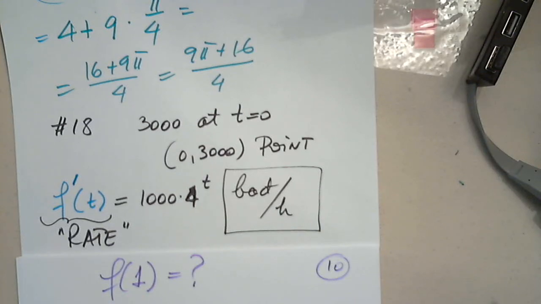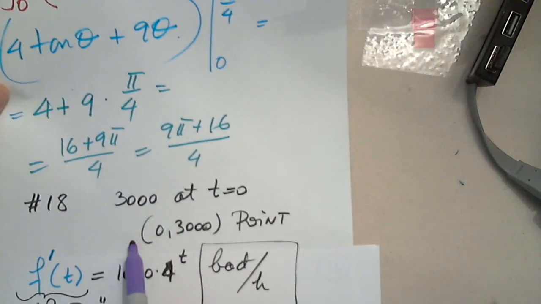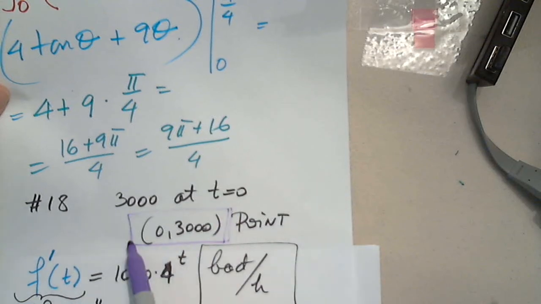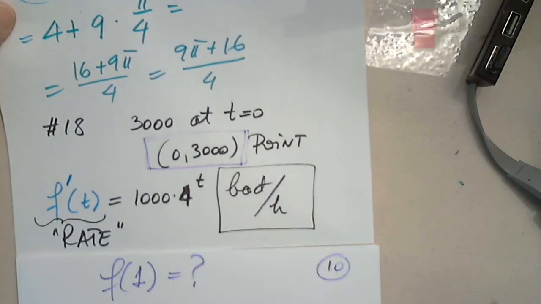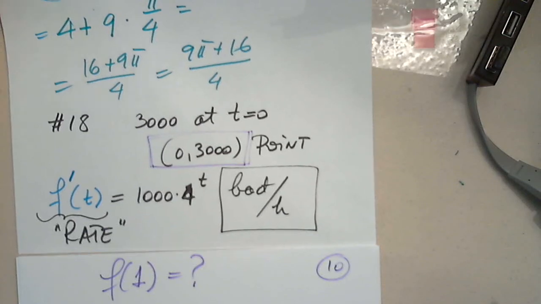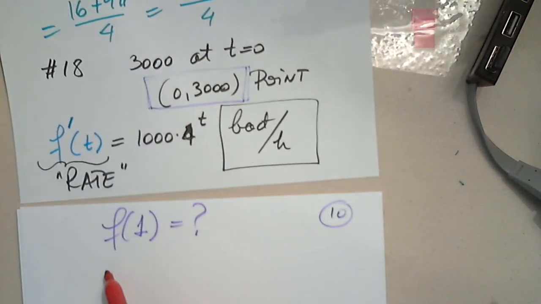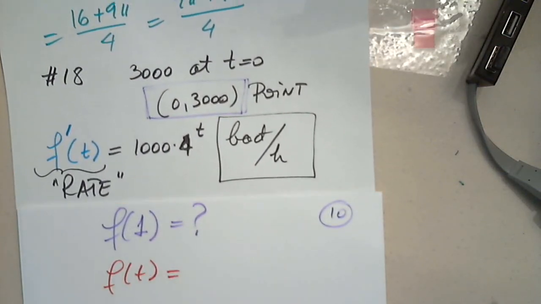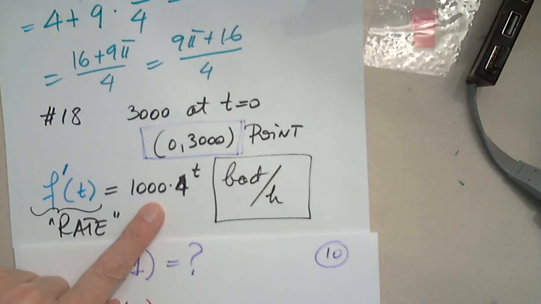We do have the population at 0, 3,000. So what should I do? I can determine this once I have f of t. And how do I determine f of t? You would use the antiderivative on that, right?